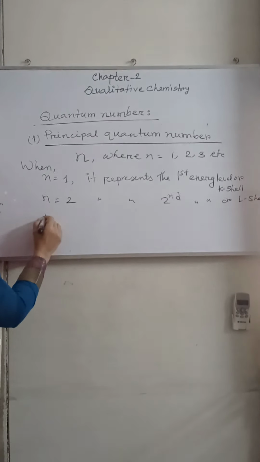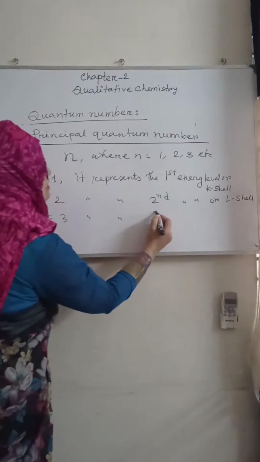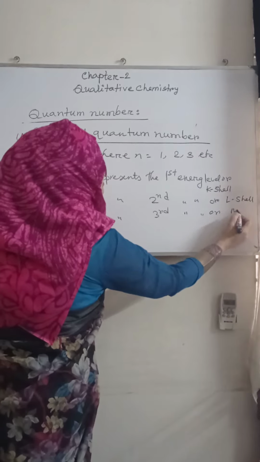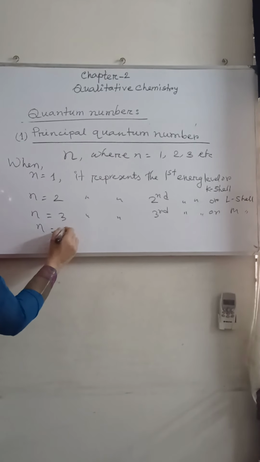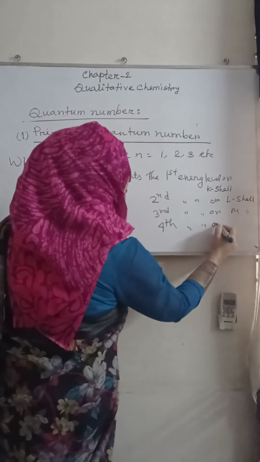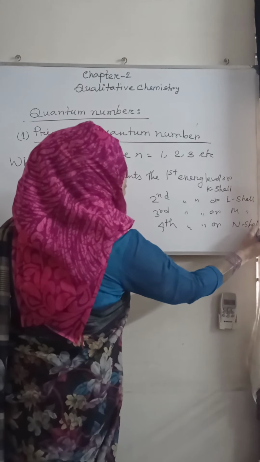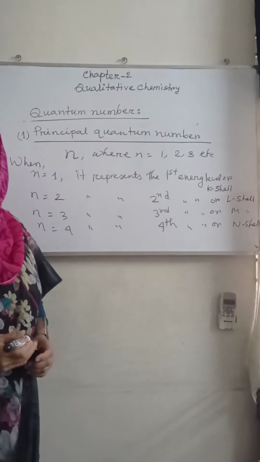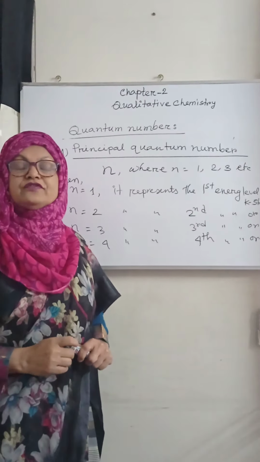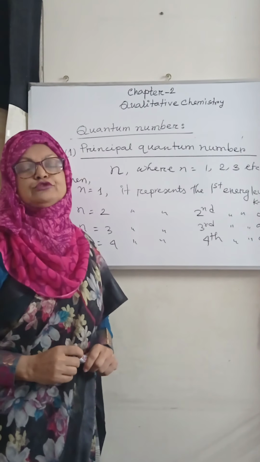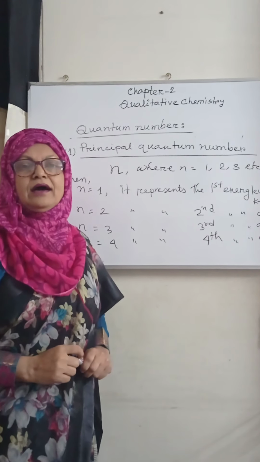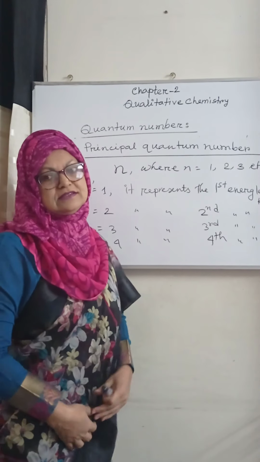When n equals 3, it represents the third energy level, or M shell. And when n equals 4, it represents the fourth energy level or N shell, and so on. The most important thing is that every energy level has a certain amount of energy, and this energy increases as the value of n increases.